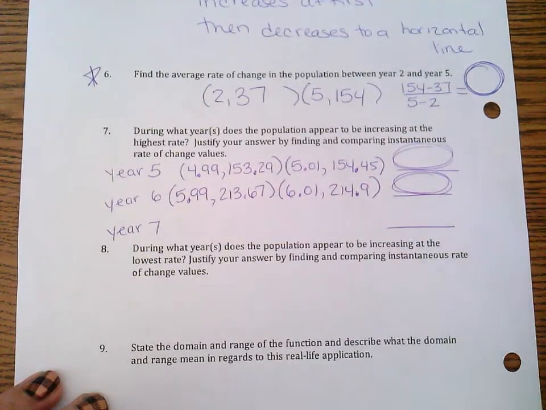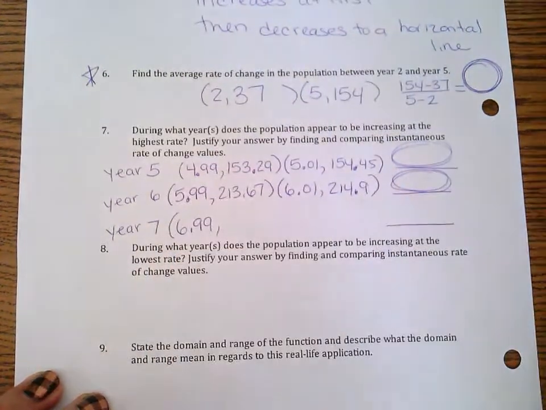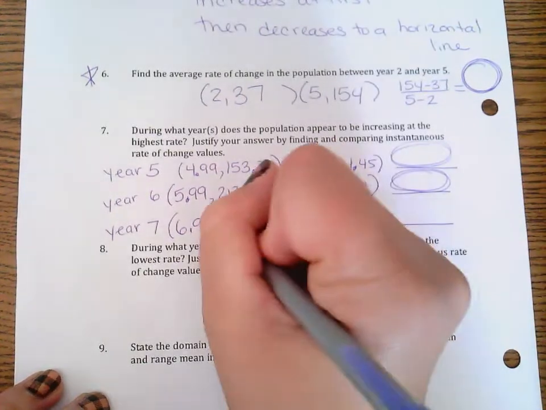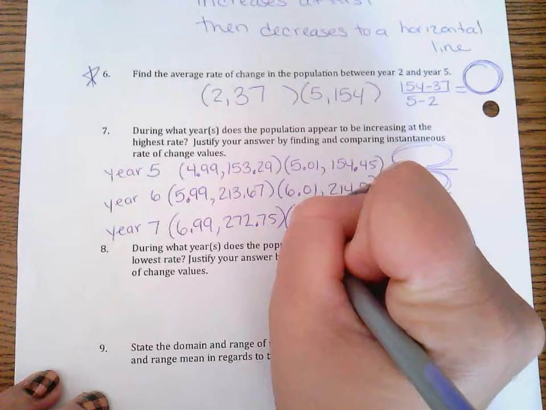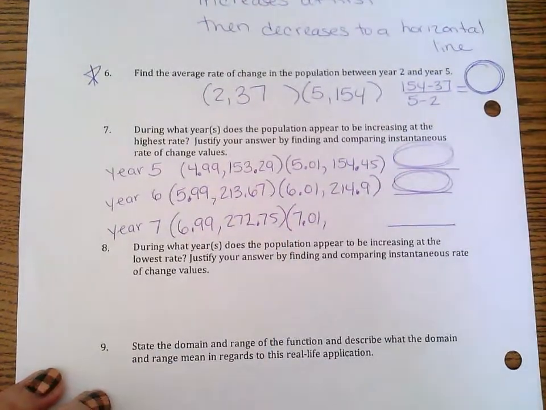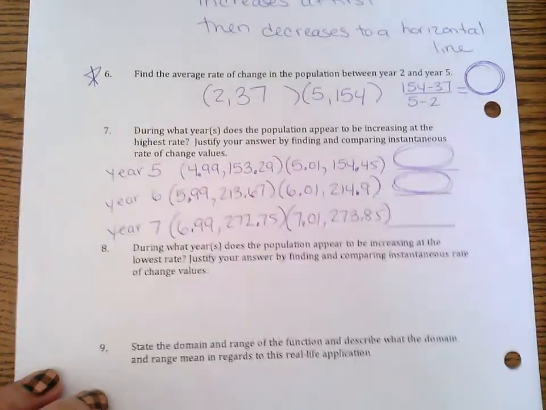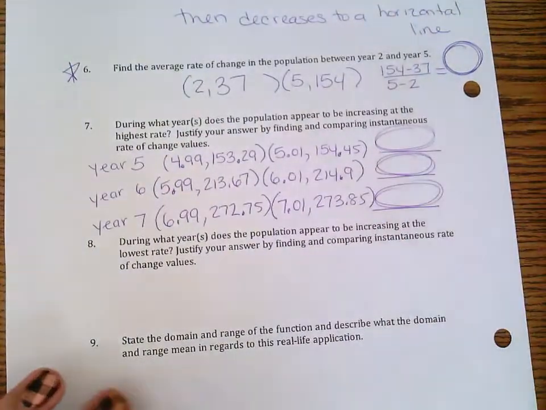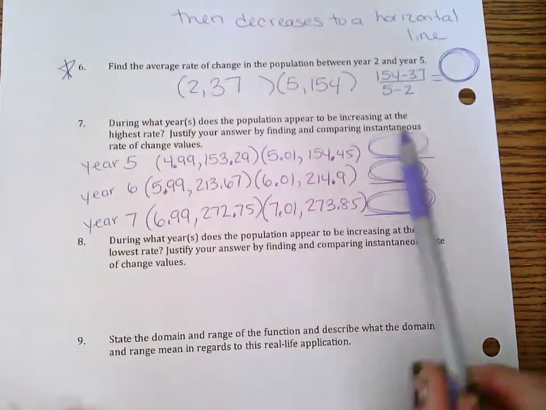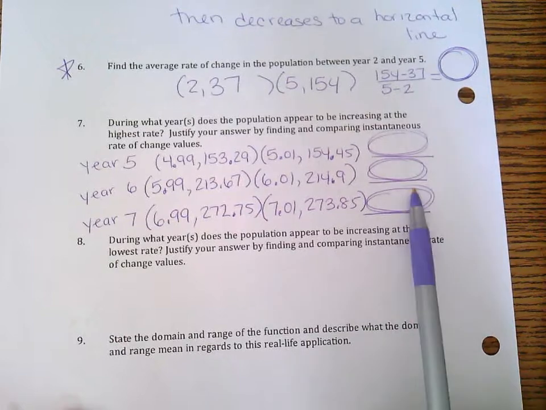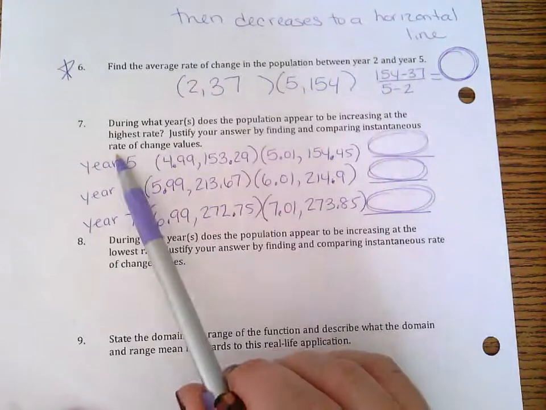Then 6.99, comma, 272.75, and 7.01, 273.85. So you're going to calculate 3 different calculations, and whichever one is greatest is going to tell you the year in which the population was increasing at the highest rate.